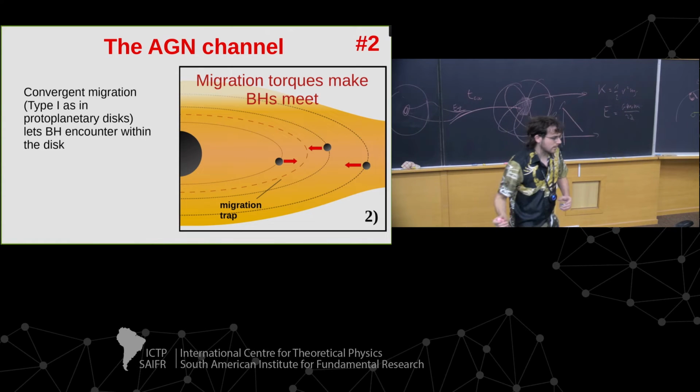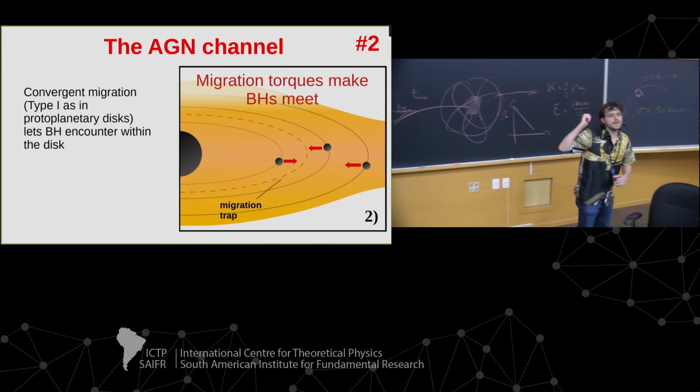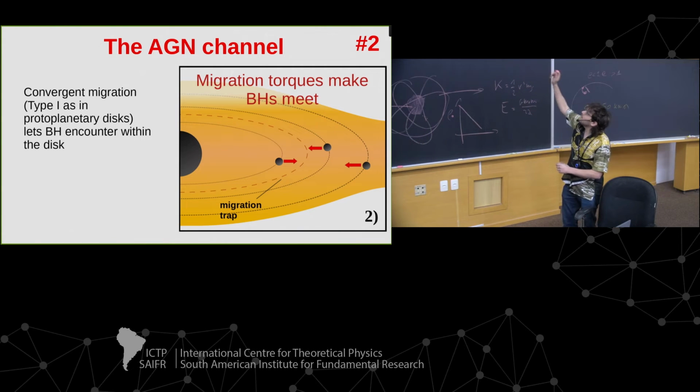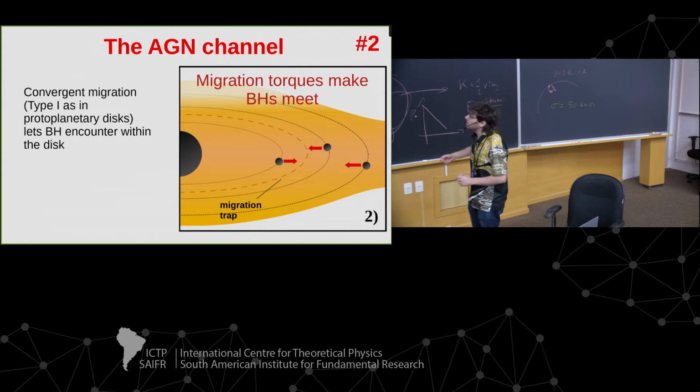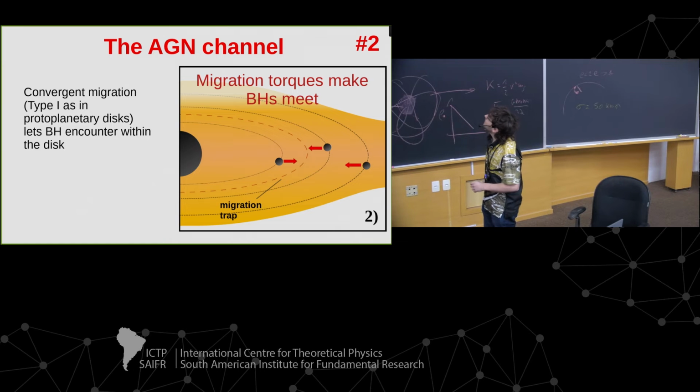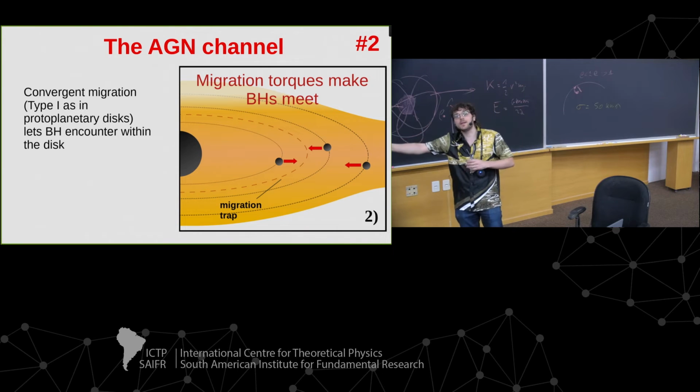The second aspect, which is exactly the link with planetary physics, is that these black holes, once they are aligned, will start to feel migration torques. And as Vladimir said last week, you can have both positive torques and negative torques.